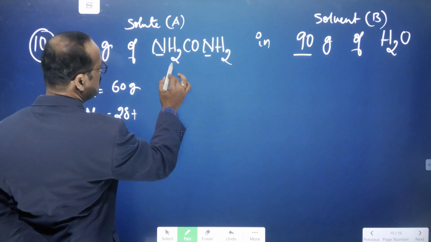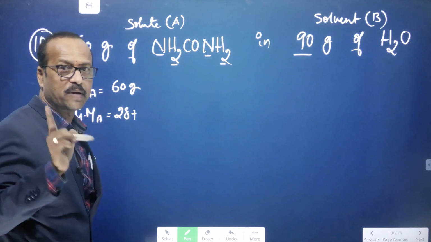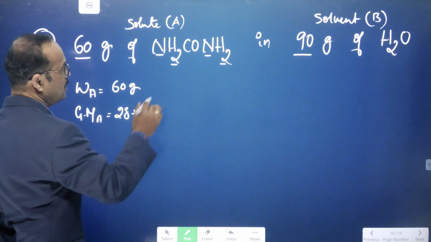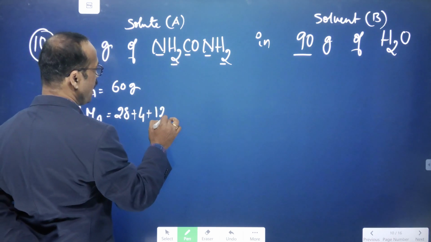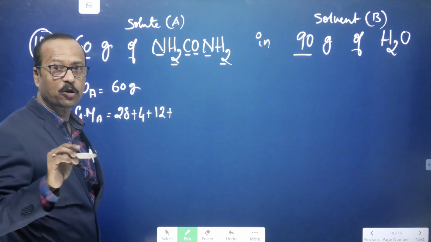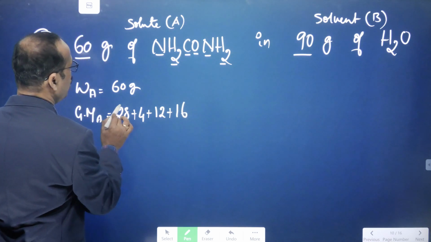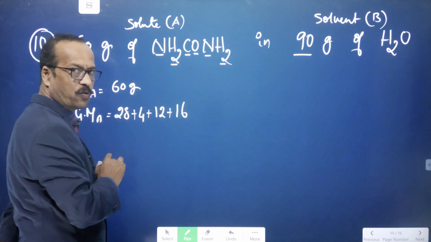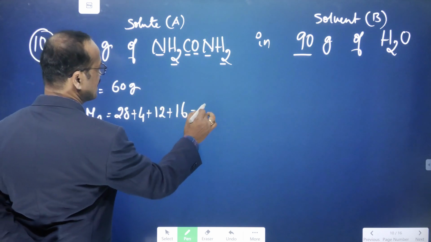Plus hydrogens, 4 hydrogens are there, each hydrogen mass is 1, so 4. Plus 1 carbon, carbon mass is 12. Plus 1 oxygen, atomic mass is 16. Now add these: 28 plus 4, 32. 32 plus 12, 44. 44 plus 16, 60. So this comes to 60.